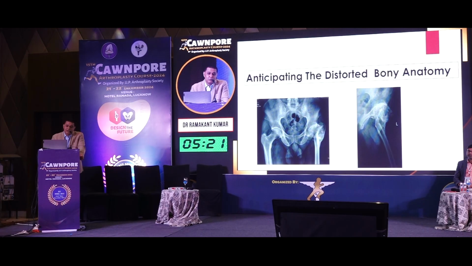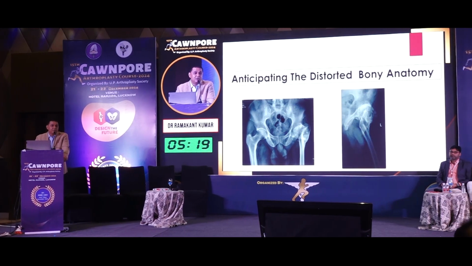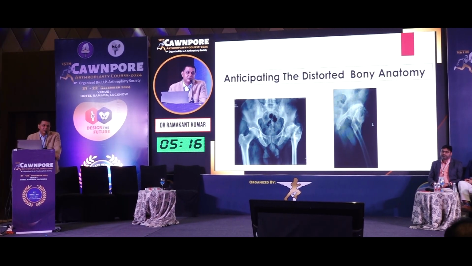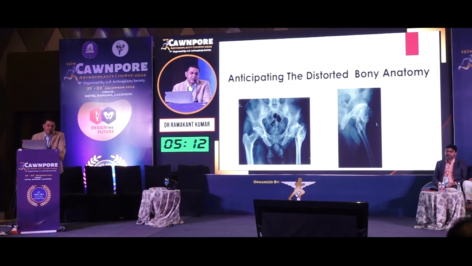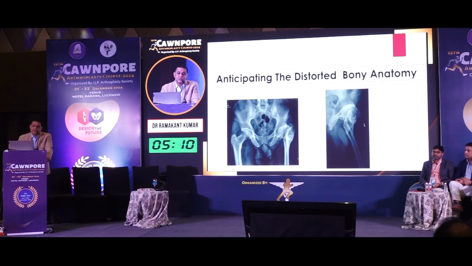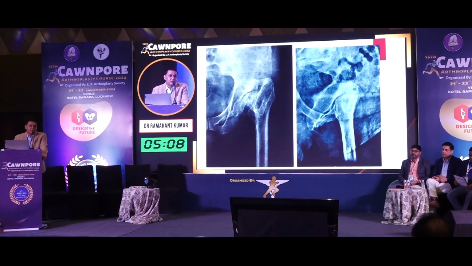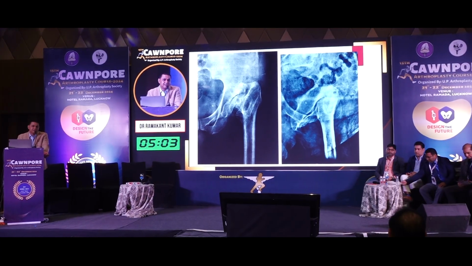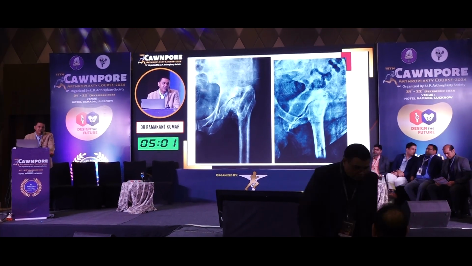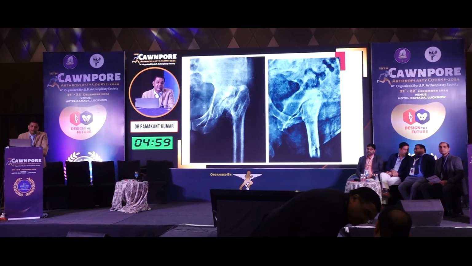Once you have classified, you have to anticipate the problems you can have during surgery. In a dysplastic hip, the anatomy is totally distorted, so you have to anticipate it. For that you need basic AP and lateral view X-rays. But since this is a 3D problem, X-ray is not going to give you adequate information.